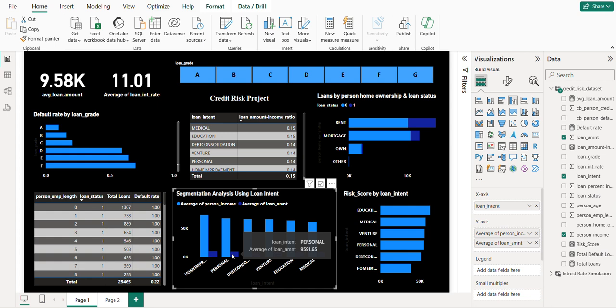This suggests that home improvement loans are taken by more financially stable individuals, with more stable incomes.